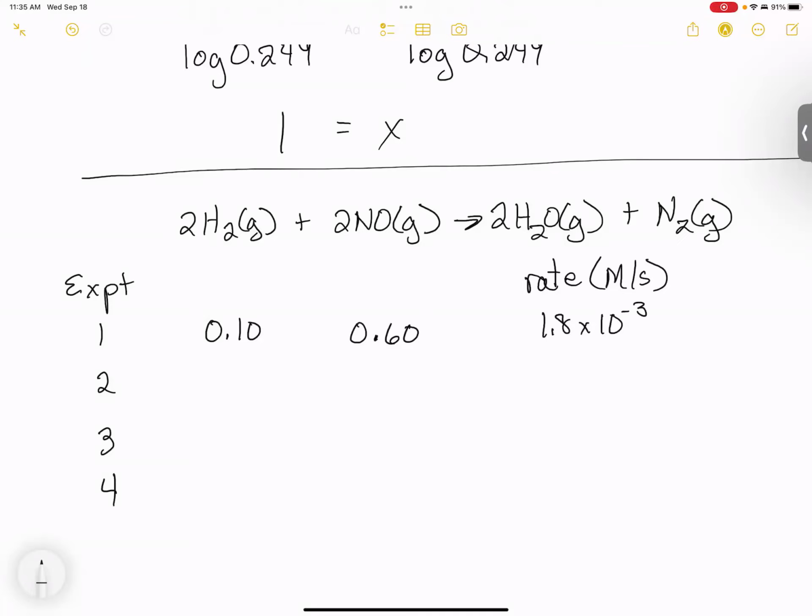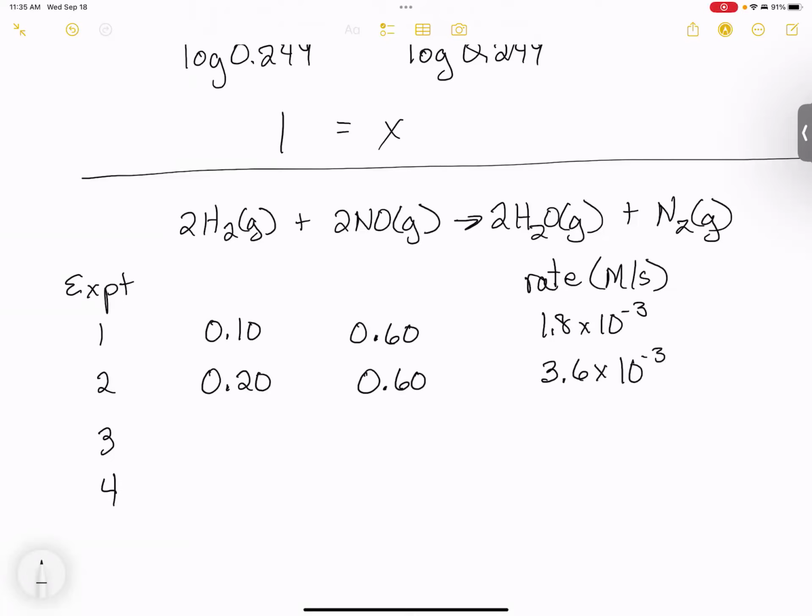In experiment 2, the hydrogen is going to be 0.20, the nitrogen monoxide is going to be 0.60, and that's going to have a rate of 3.6 times 10 to the minus 3.